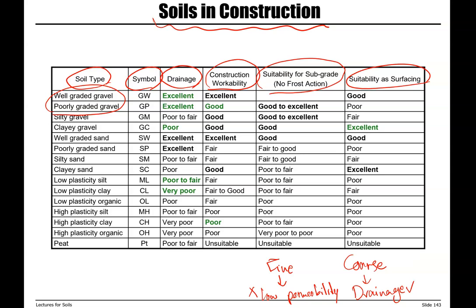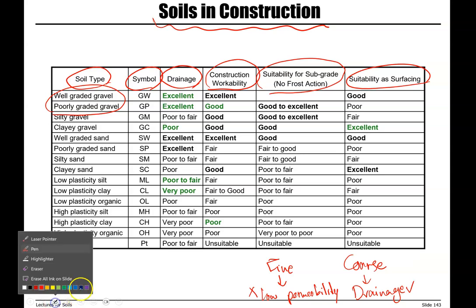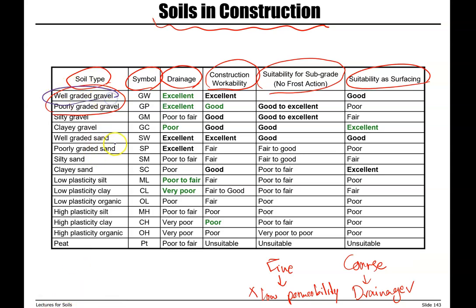Workability: well-graded material provides better workability, because a well-graded material is when we have the same amount of particles with different sizes. So we have fine, intermediate, and coarse particles. Particles with different sizes move along each other and provide a better compaction, a better workability.